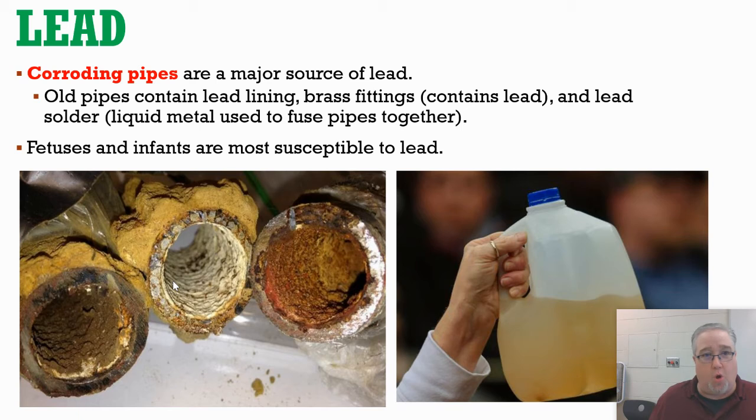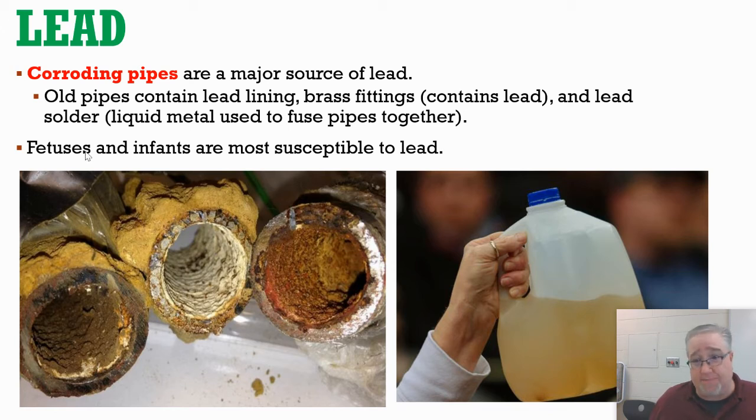But a lot of those old pipes contained lead, or they contain brass, which contains lead. And the bottom line is as those pipes get older and as they corrode, that lead can actually get into water. So, any of these old pipes should probably be replaced because of the possibility of lead contamination.